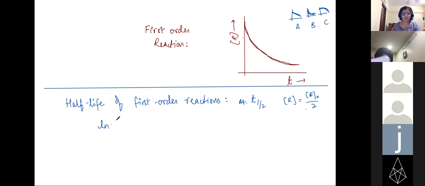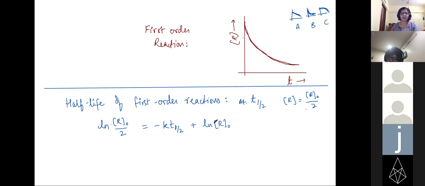So ln of R naught by 2 will be equal to minus K T half plus ln of R naught. Okay.